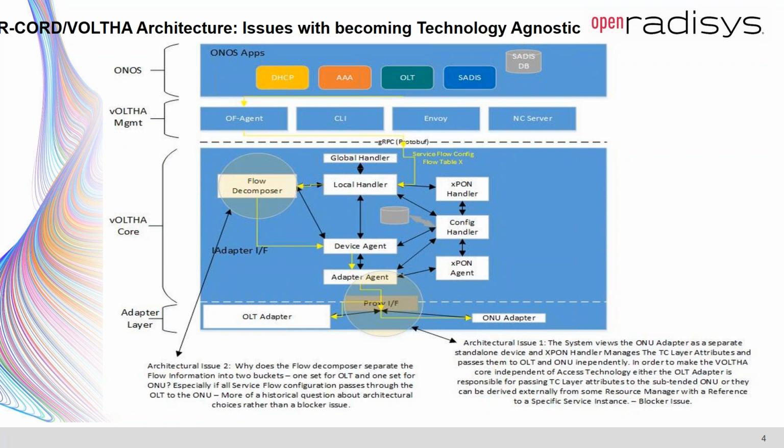So I think that's totally against the idea of what SDN NFV is about. So the Volta is a hardware abstraction device for the SDN environment.